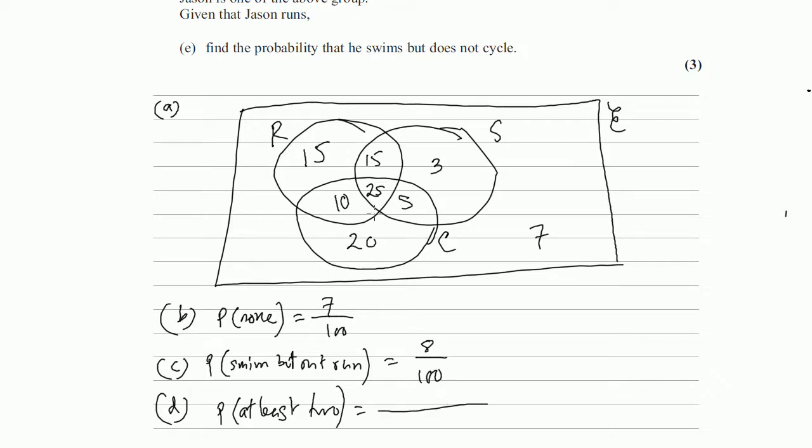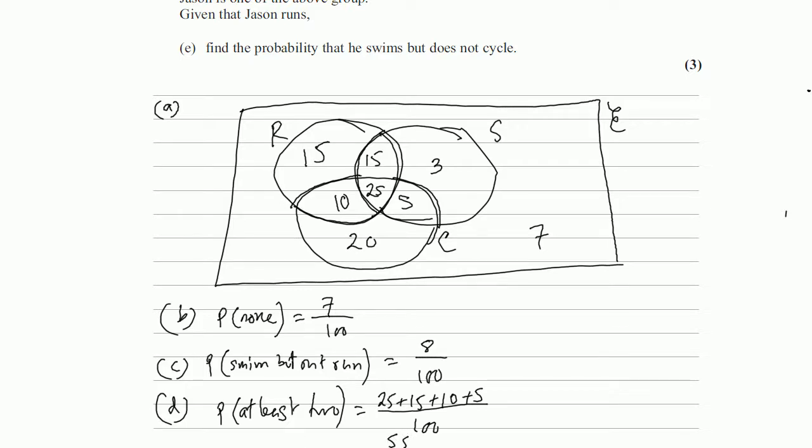So all 3 means 25. Plus, they can also do only swimming and running, which is 15. They can also do only cycling and running, that is 10. And they can also do only cycling and swimming, which is 5. That means at least 2 of these means this region, this region, they can do 2 or more exercises out of 100. If you add it up, this is 40, 50, 55 out of 100.